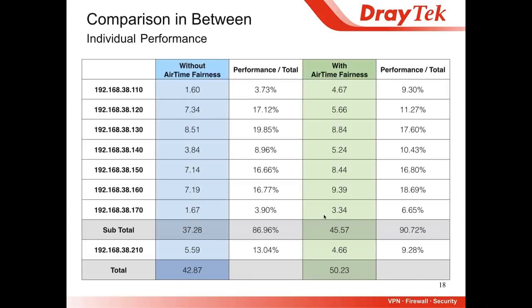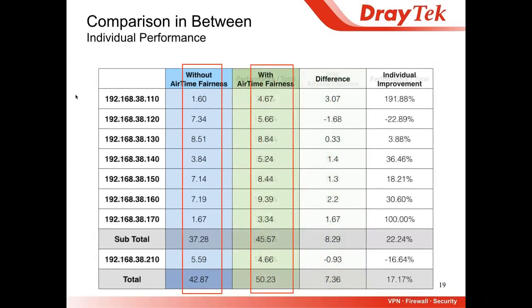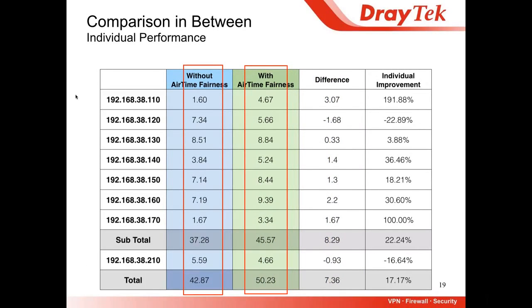So, the comparison in between. First, we compare the individual performance. Let's take a look at the difference and the individual improvement. You can see 160 got almost 200% improvement.